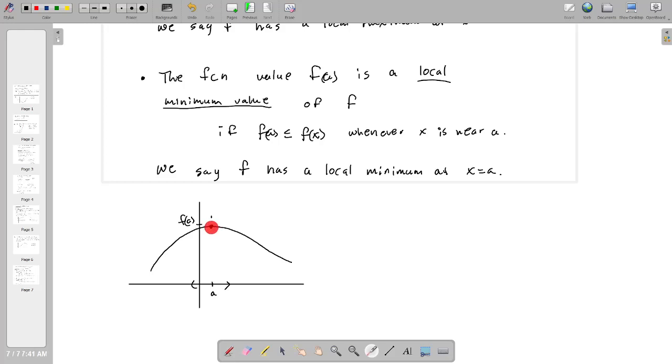We can see that if we take any other x value within this interval, so again, this red line will correspond to some x value, we can see that the corresponding y value is lower than f of a. The y value f of a is higher than the y value of every other x value that's near a.